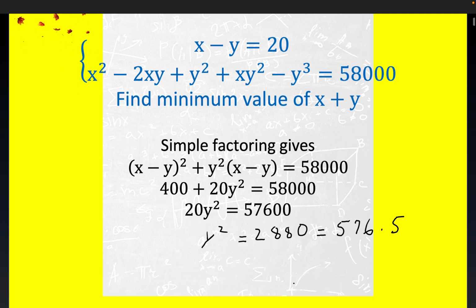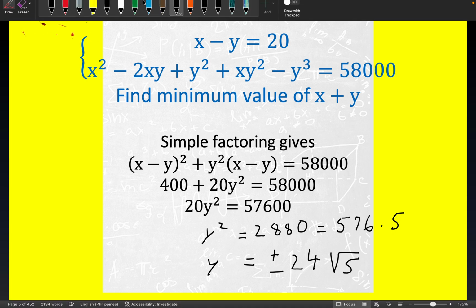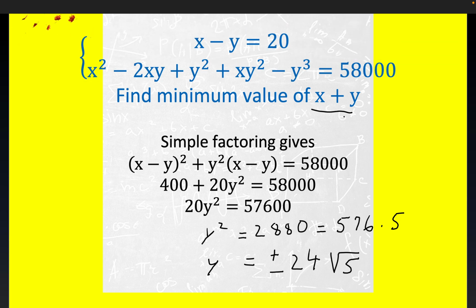Okay, so of course we can take the plus or minus square roots here and get y is equal to plus or minus 24. Again, 24 squared is 576. 24 times 24 is 576. You can do the arithmetic on that. And so you get plus or minus 24 square root of 5. Okay. Now that's our value for y, but remember we are trying to minimize x plus y, right?